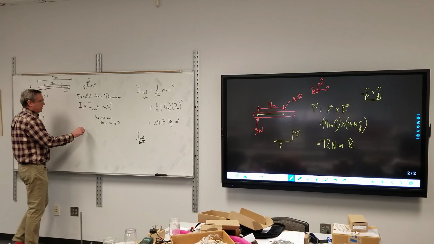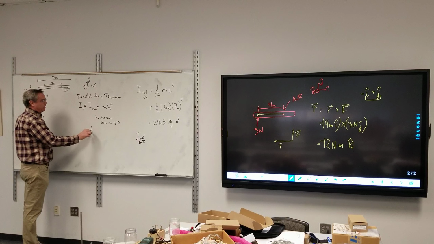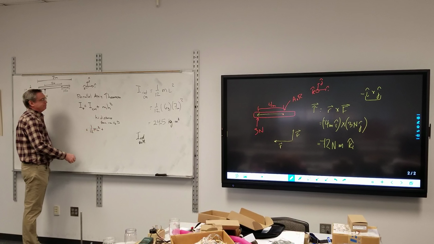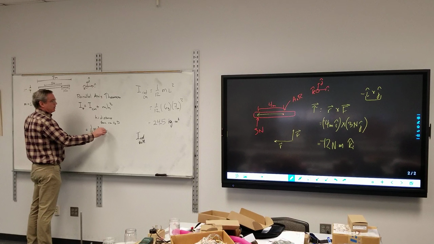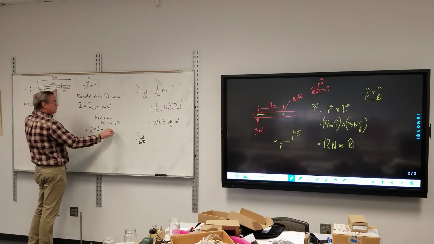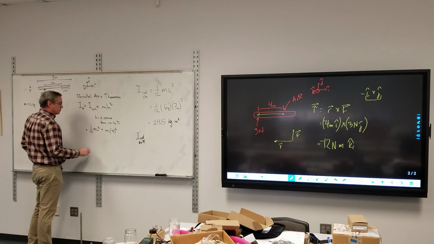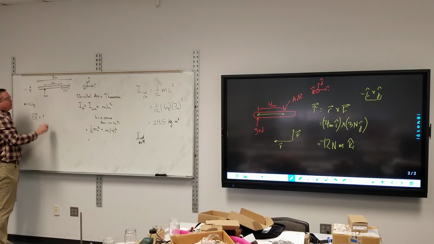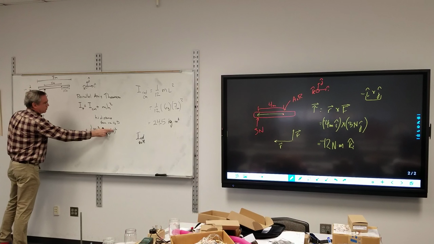So, it's going to be the 1/12 ml squared, which we already have a number for, but what the heck, let's keep letters in. Plus m, 4 squared, because we've moved the axis from, oh, wait, no, sorry, not 4.